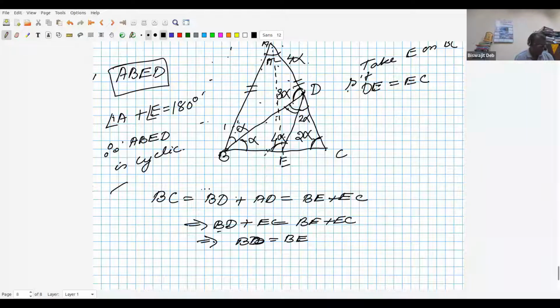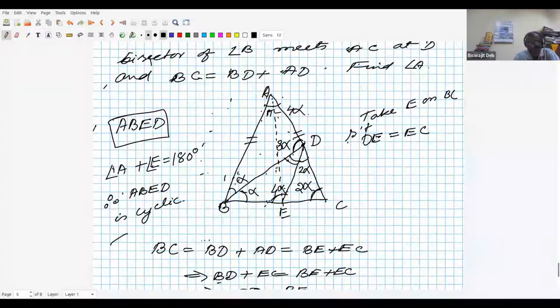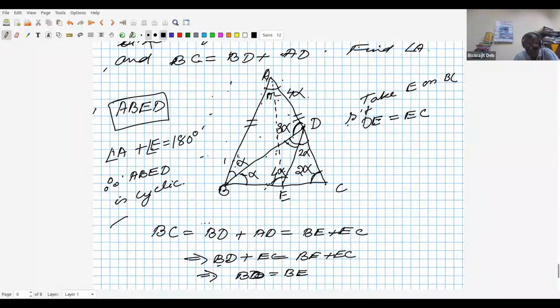Fine. So if BD and BE are the same, then what can we say about this angle? Sir, how are AD and EC equal? Can you explain once?